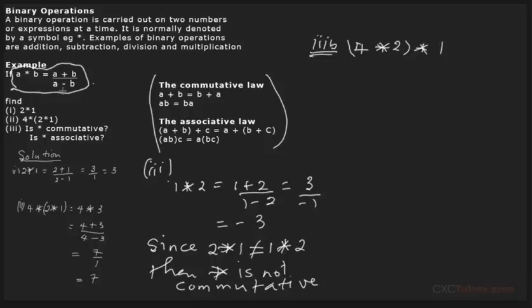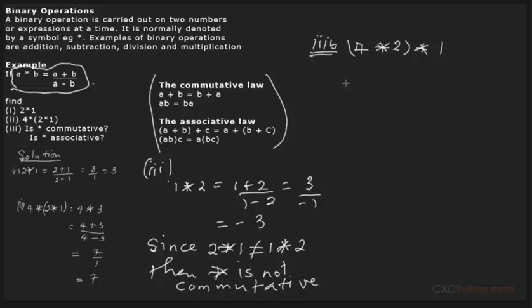Now remember, we worked out 4 star 2 star 1, where the 2 and the 1 are in a bracket. Now we are grouping 4 and 2. So remember, if the law holds, then the order in which we group the numbers should not matter.